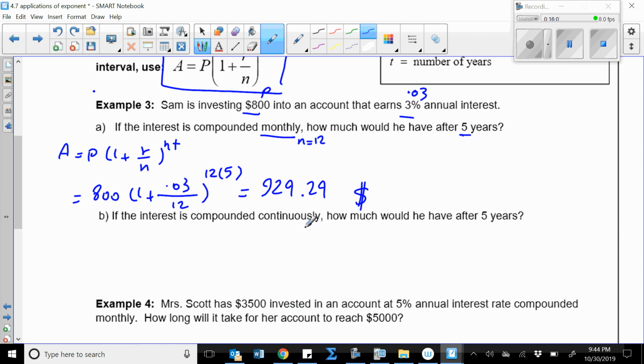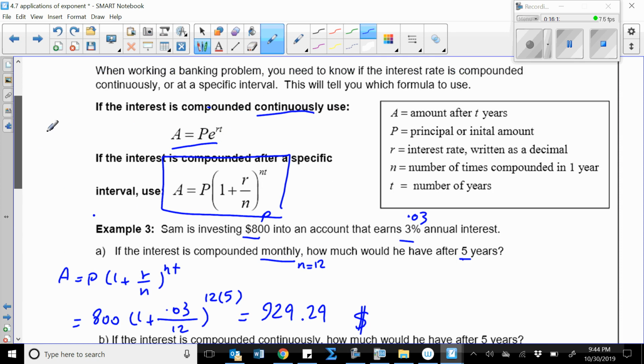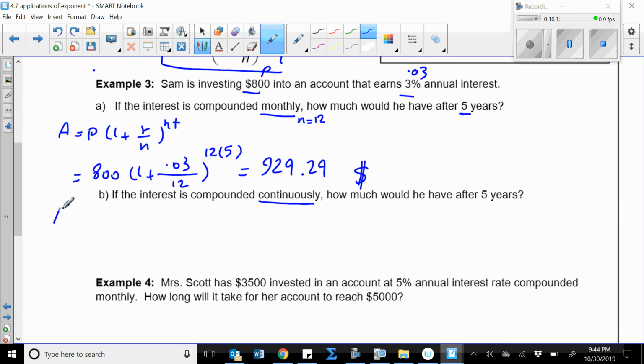What if the interest is compounded continuously? From this word we learned that we need to use the first formula over here. So I'm going to use this formula, A equal to P e to the power of RT. So 800 times e to the power of 0.03 times 5.